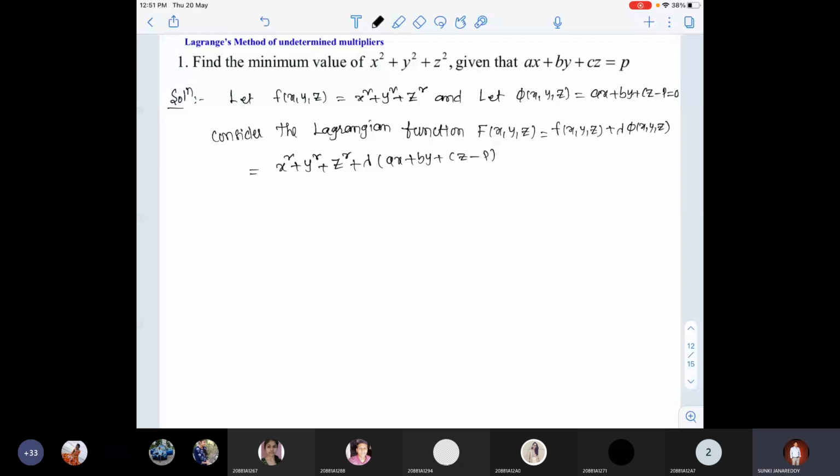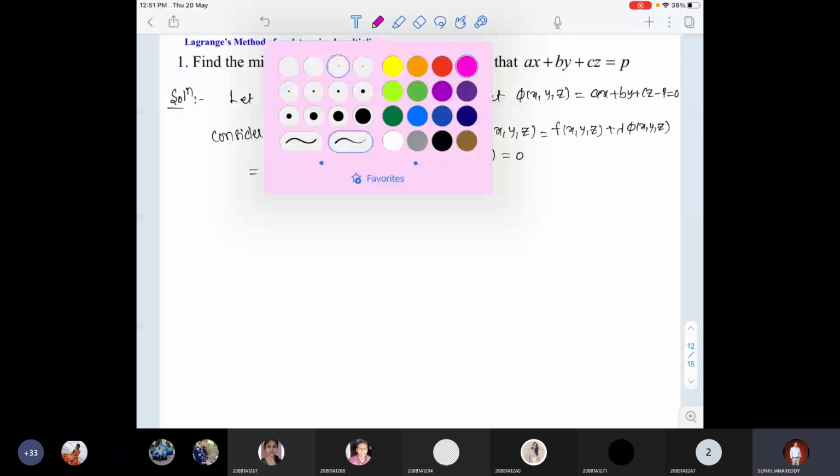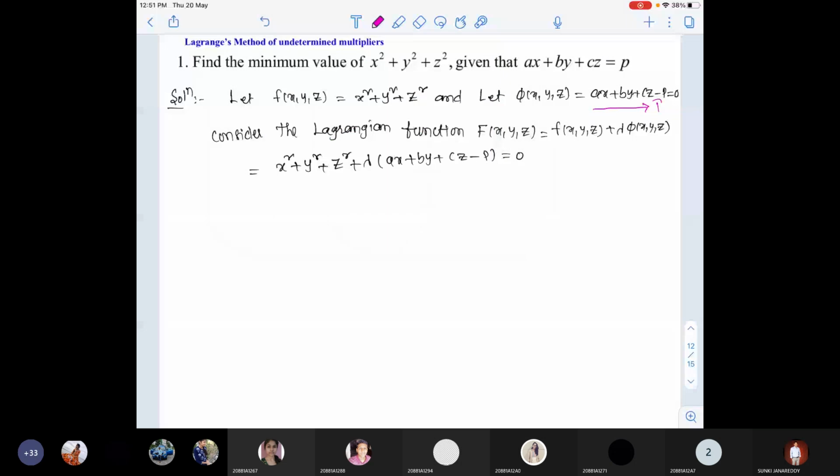That one is equal to 0. Here the connected relation is there; that connected relation you can take as equation number 1. After that, what is the next step?